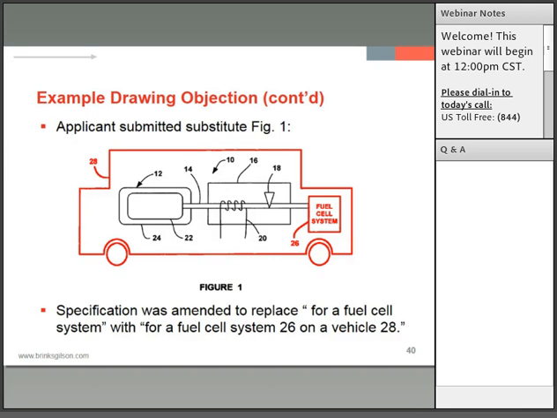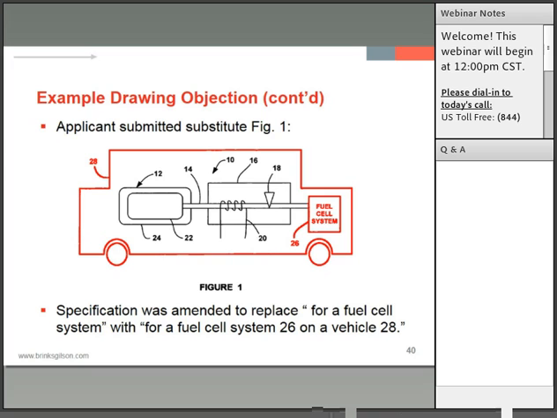So the applicant provided amended drawings. What's shown in red here is what was added to Figure 1 to show the fuel cell system and the vehicle. And then in the specification, the only words that were added were the last of 3 words with a number.